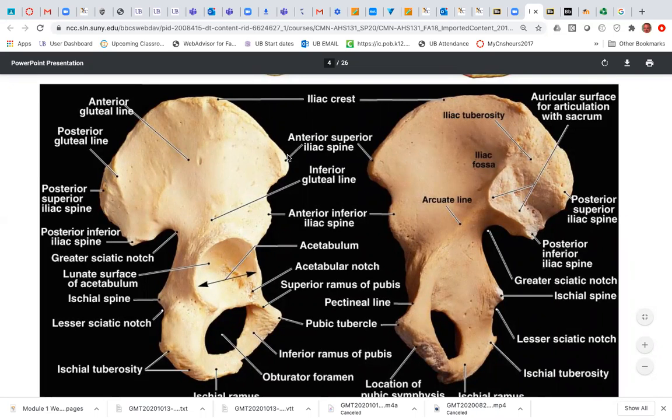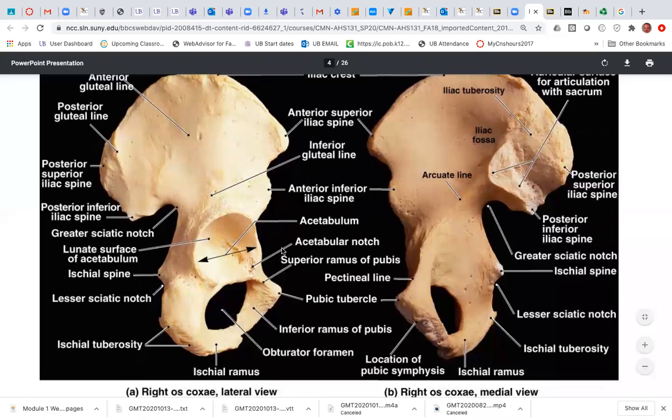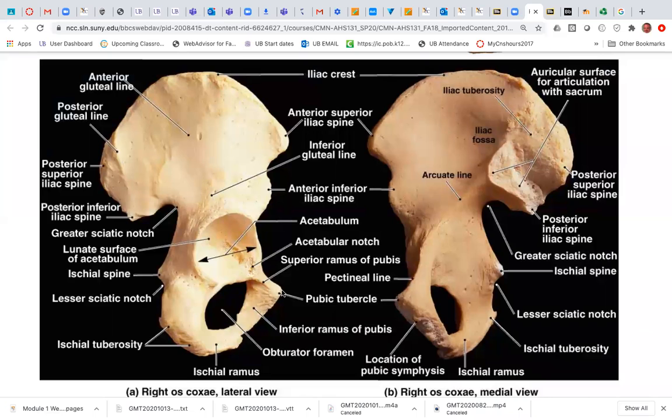When we move anteriorly, if we move downward, you'll find the pubic tubercle, which is pretty sharp. It's a pointy part. So when you find that pubic tubercle, that's anterior, okay? Once you find anterior, it helps us with these two landmarks called the anterior superior iliac spine and the anterior inferior iliac spine.